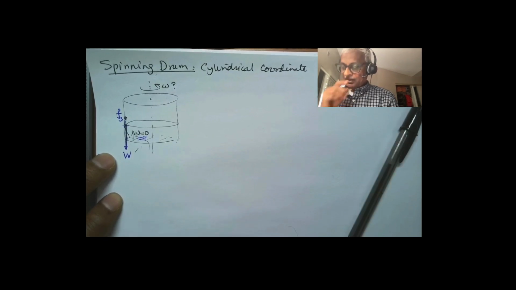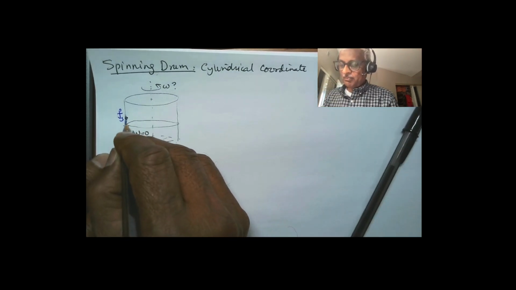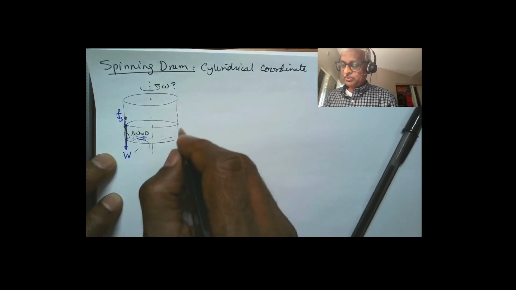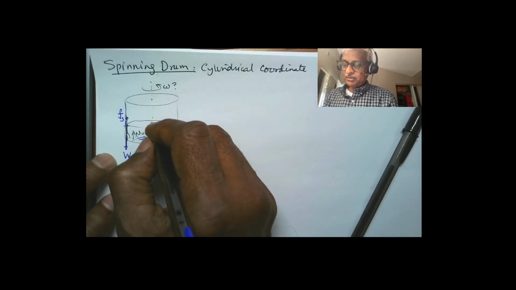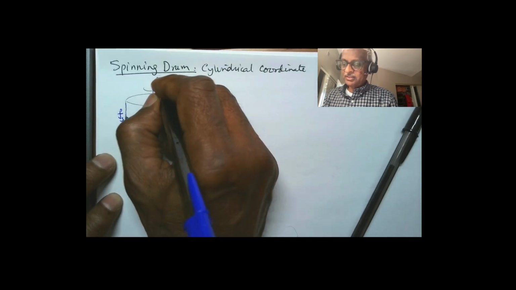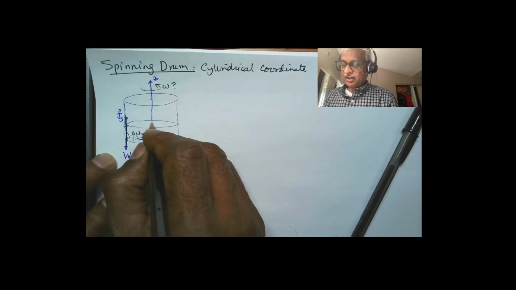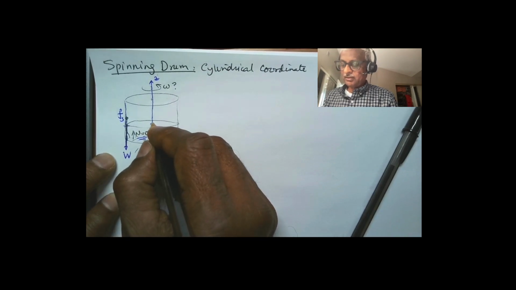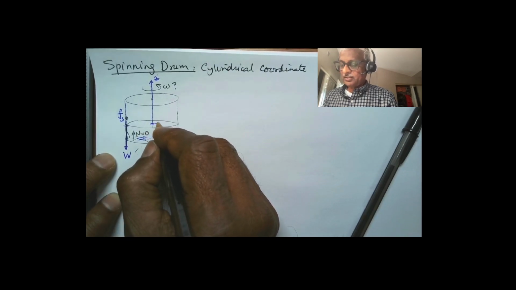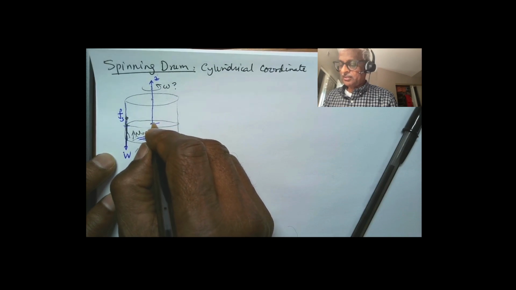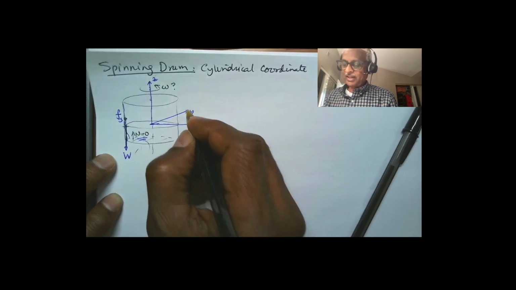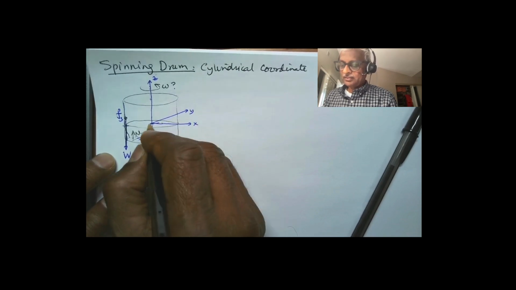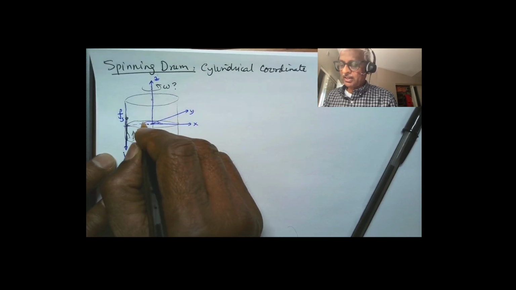Well, so if you look at it in terms of axes, this is the z-axis, let's call it the x-axis, y-axis, and this is at some theta.